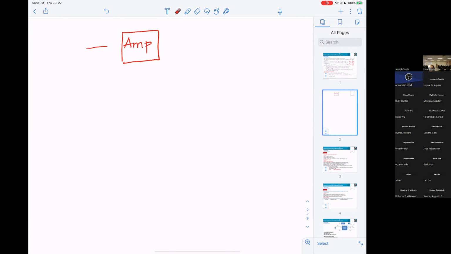You apply the input signal, in volts, and this is the output.